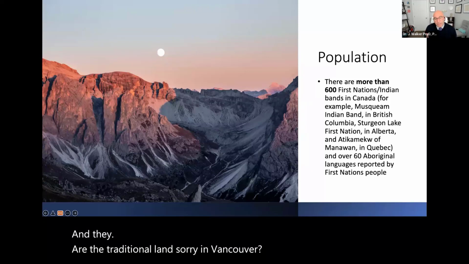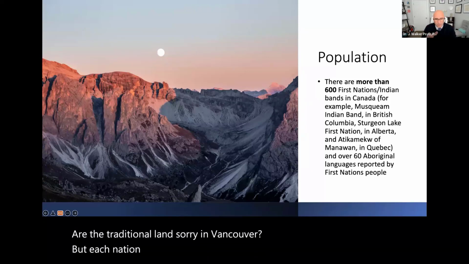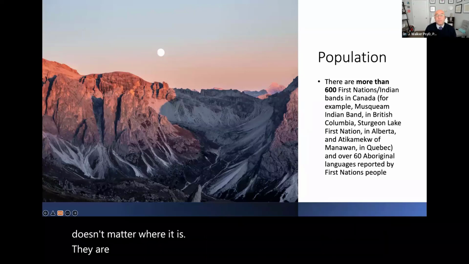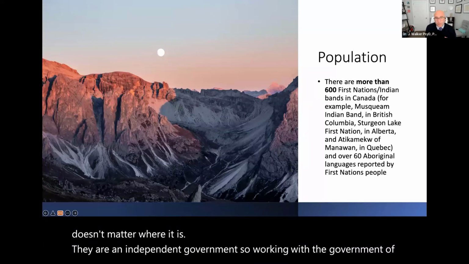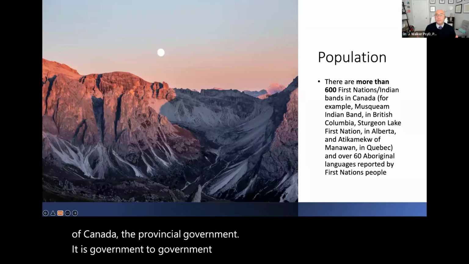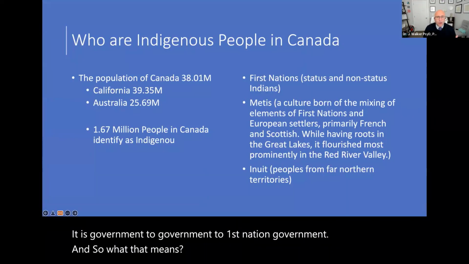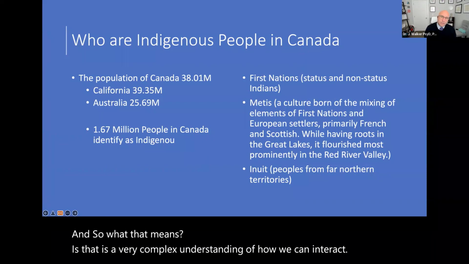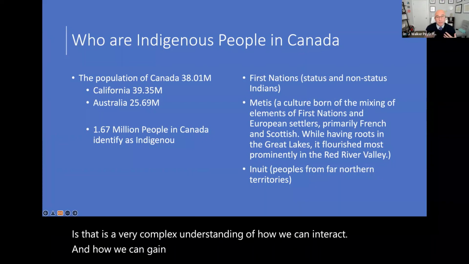But each nation, whether it's in British Columbia, whether it's in Alberta, it doesn't matter where it is, they are an independent government. So working with the government of Canada, the provincial government, it is government to First Nation government. And so what that means is that it's a very complex understanding of how we can interact and how we can gain service. And by service, I mean integrated health services and mental health services.